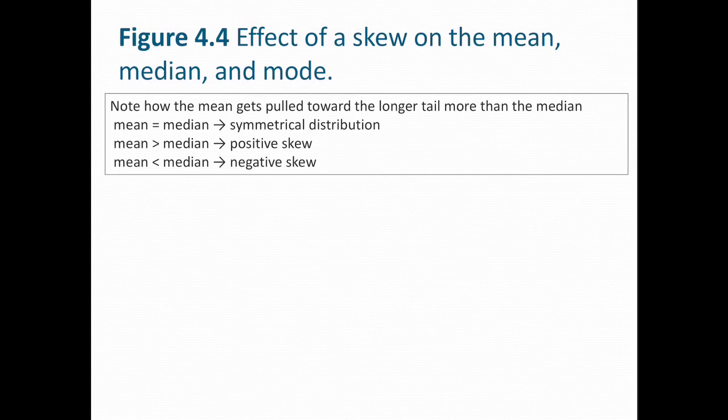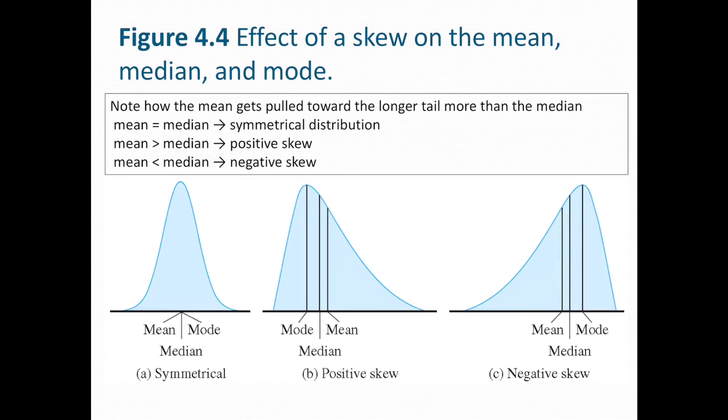So the effect of skew on the mean, median, and mode. Once again, if we look at this, there's more of a graphical representation where if you have a symmetrical distribution, you'd probably report the mean and mode for symmetrical here. As the graph can be skewed, right, we can have positive, negative skews. Remember to look at your feet for that.